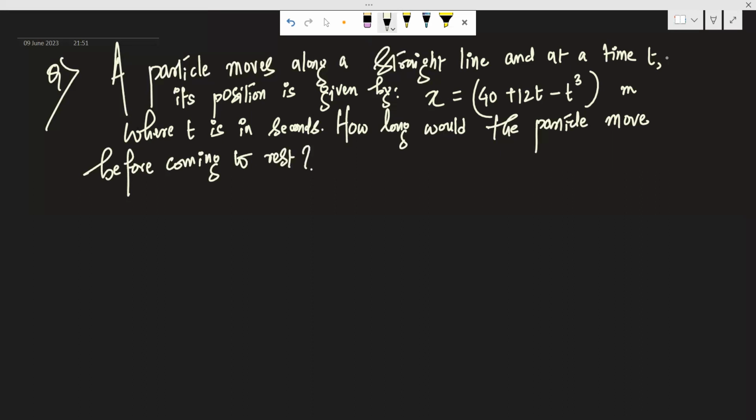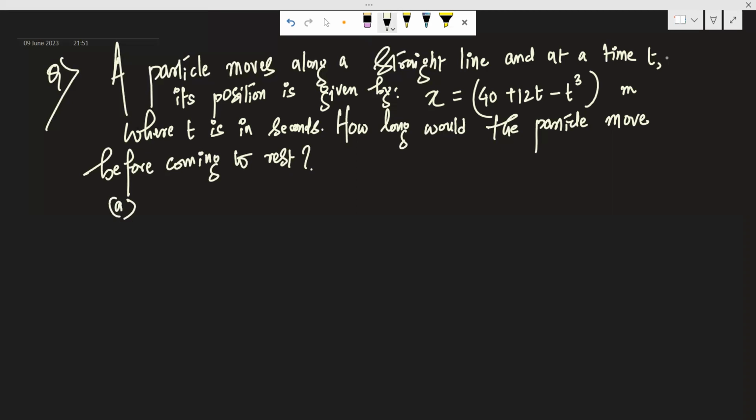Okay? How long would the particle move before coming to rest? Right? So how long it should be, how far actually as per the option.